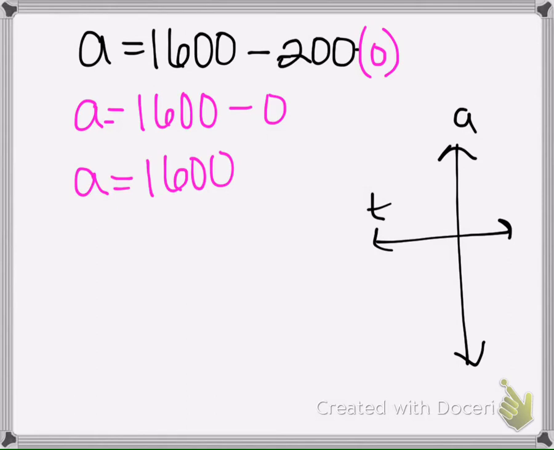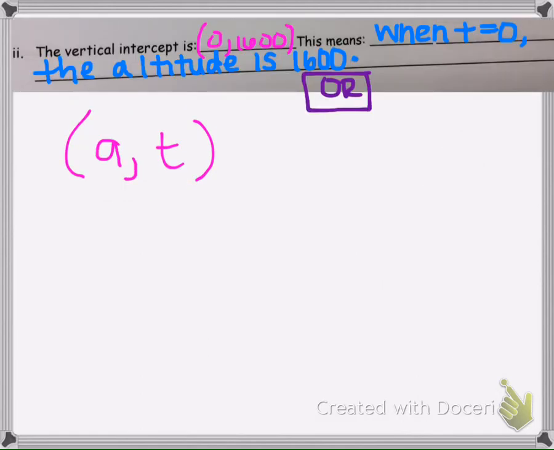So that means that what we just found there is when the time is 0, the altitude is 1600. So the vertical intercept is (0, 1600). That means at t equals 0, so when the time is 0 minutes, the altitude is 1600 feet.